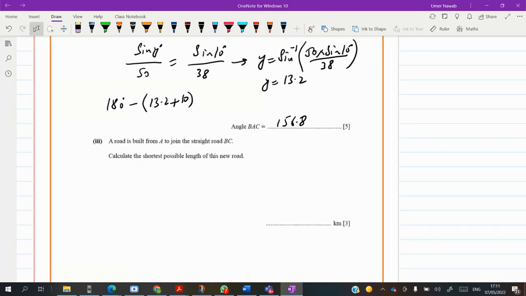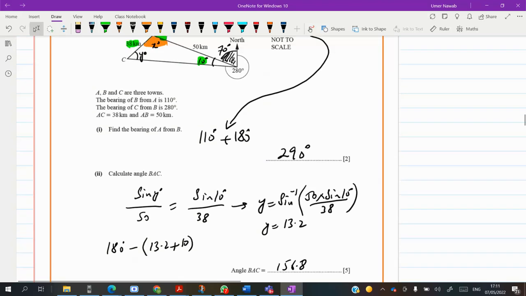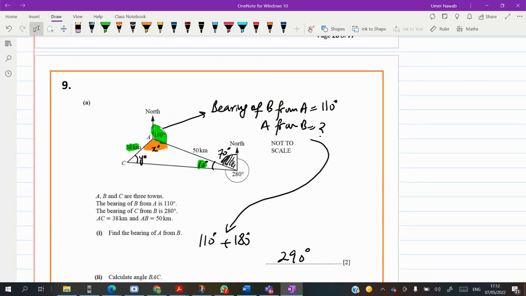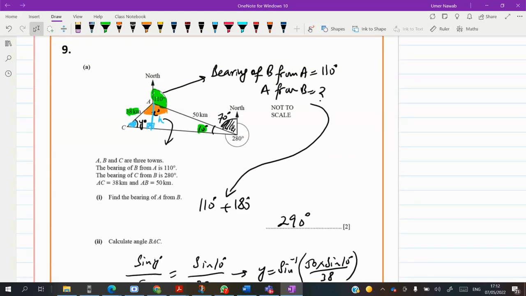The road is built from A to join the road BC, directly from A to BC. So I want the height. I have just found Y, which was calculated. I use SOHCAHTOA to get the height. The hypotenuse is given to me, and I want to find the height.